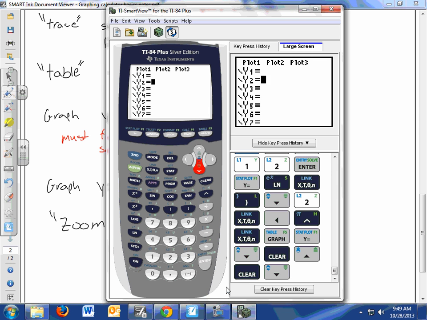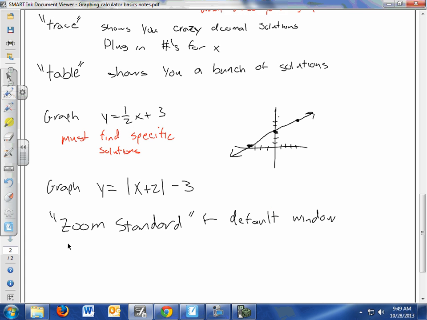Would this have made your homework easier? Mr. Miller, what do you think? Yeah? If I asked you to graph f of x is equal to 2x, can you do that?